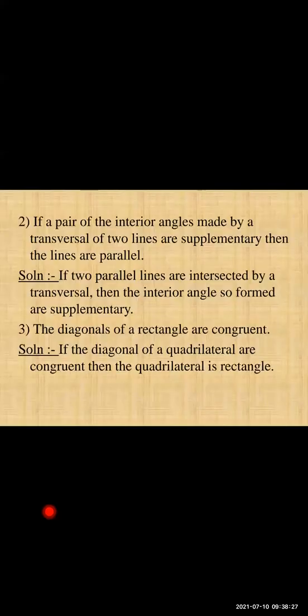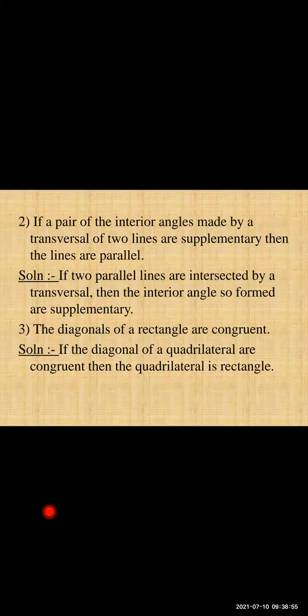Second, if a pair of interior angles made by a transversal of two lines are supplementary, then the lines are parallel. This statement is directly given in if-then form, so it becomes very easy to write the answer. Whatever the consequent part is, write it in the if part, and whatever the if part is, write it after then.